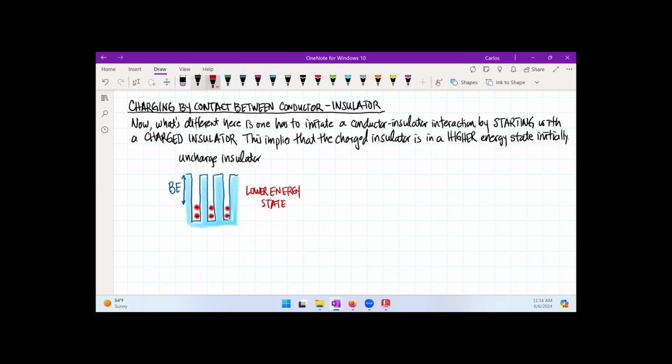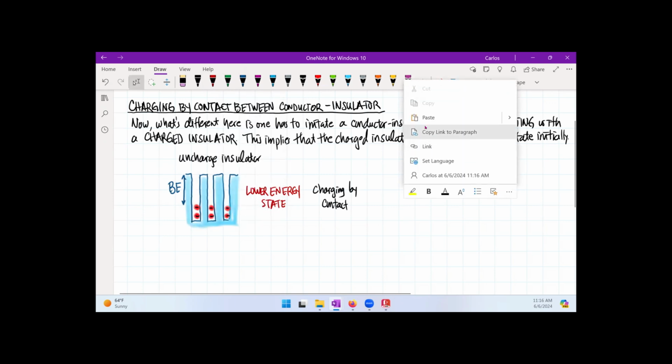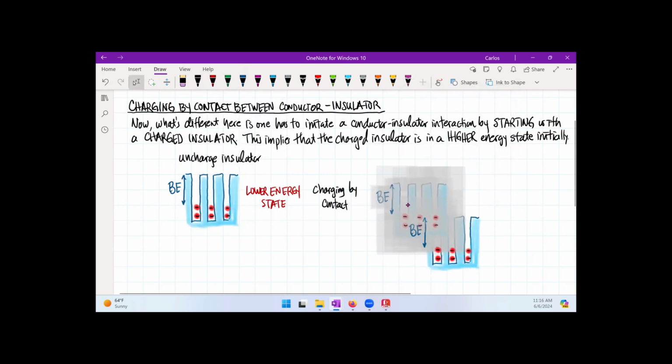But now as I go through charging by contact, I then have this situation. So I'm going to copy this and paste it right here.